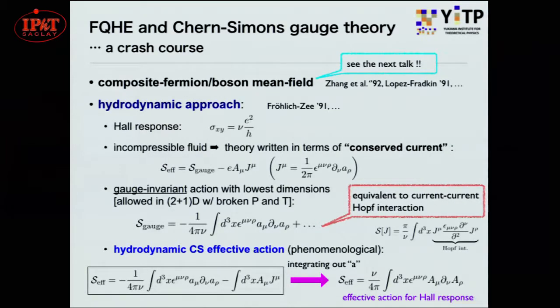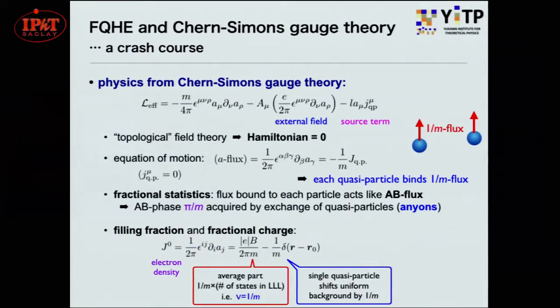So everything is fine. What kind of physics comes out from the low energy Chern-Simons gauge theory? This is my Chern-Simons gauge theory. First of all, this is topological. If you take a derivative with respect to the metric, this gives you zero Hamiltonian.